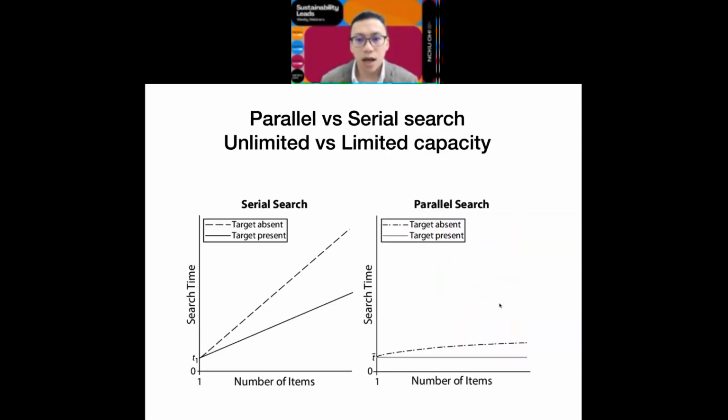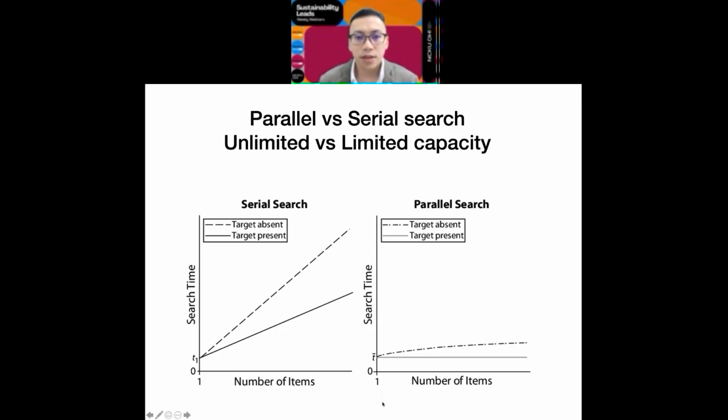So we can plot the search reaction time as a function of the number of items in the display. If you observe the reaction time increase as a function of display set size, then we can infer that this kind of search is a serial search, which means serial processing.